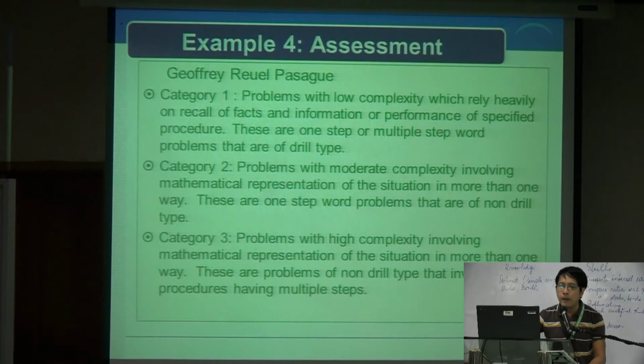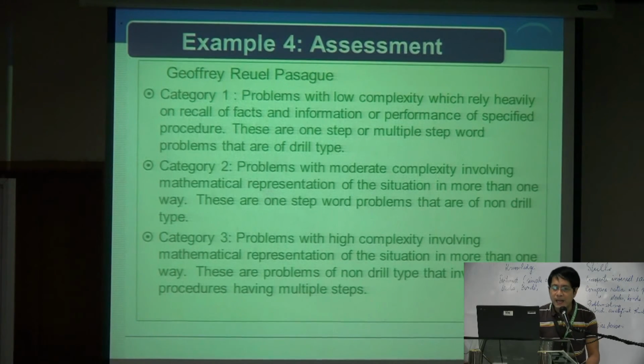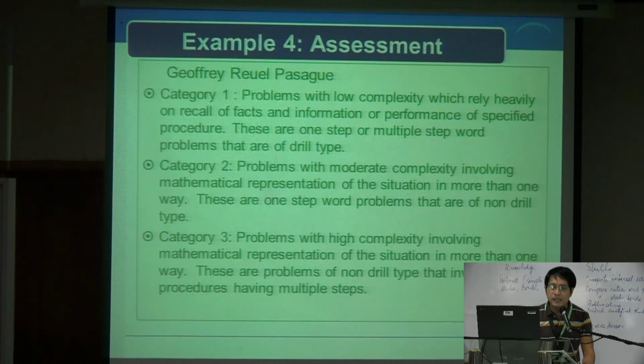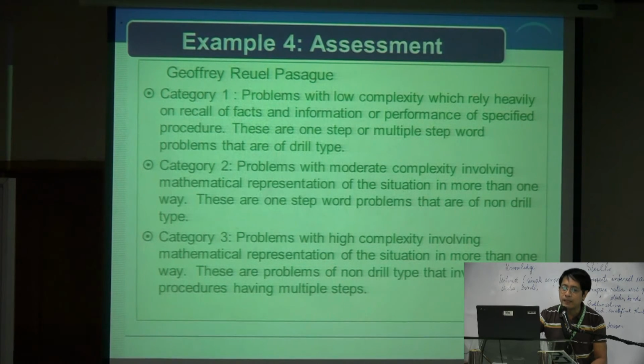Category 2 would merit those problems with moderate complexity involving mathematical representation of the situation in more than one way, and these are supposed to be one-step word problems that are of non-drill type. In category 3, these are supposed to be problems with high complexity involving mathematical representations of the situation in more than one way.